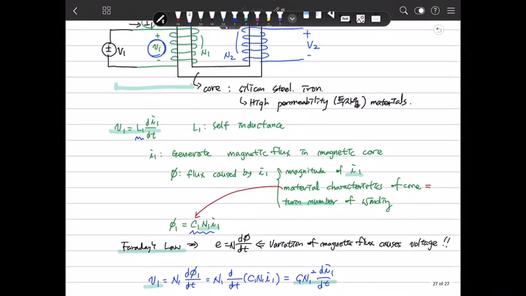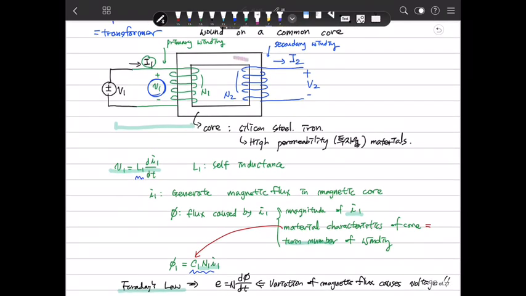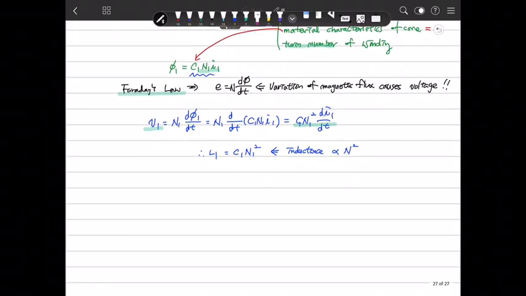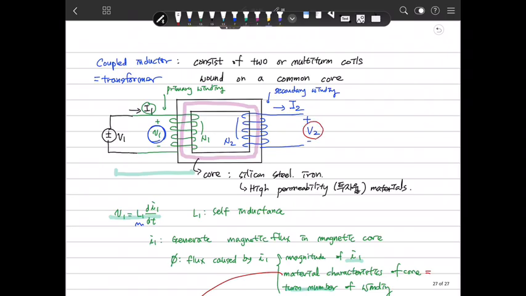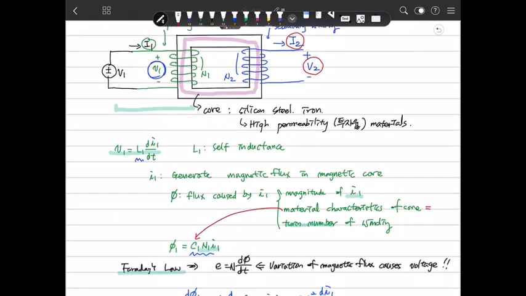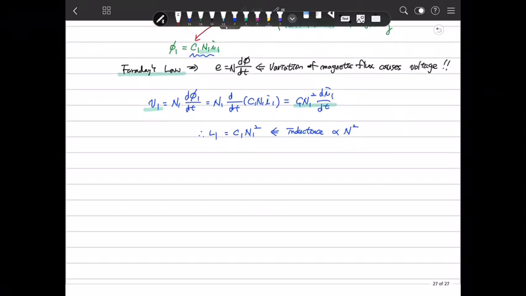The flux is common in the magnetic core here. So this phenomenon happens in the secondary winding. We can rewrite the voltage here: this is voltage V2 and this I2. We have the same phenomenon in the secondary winding.